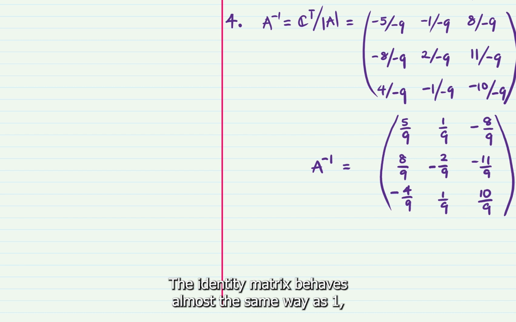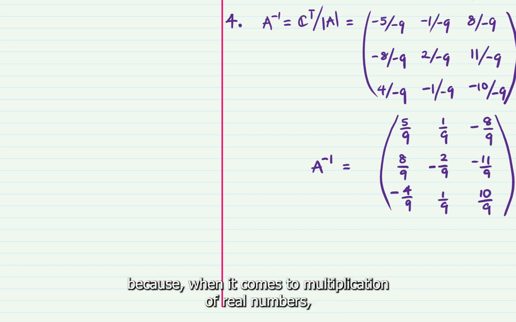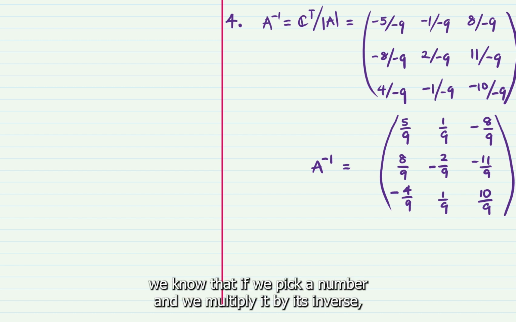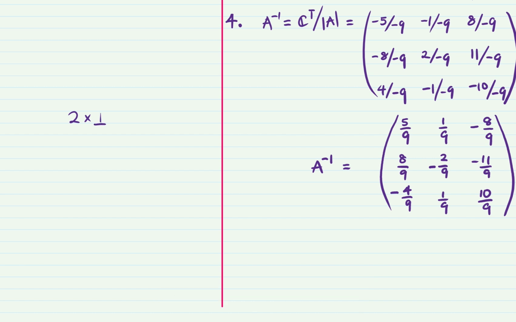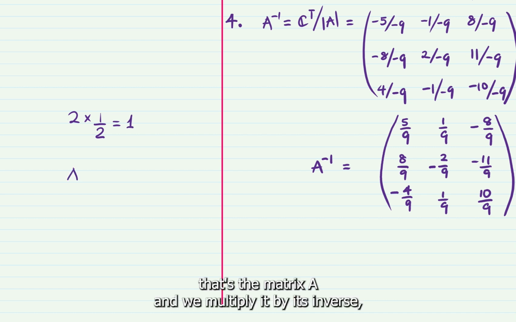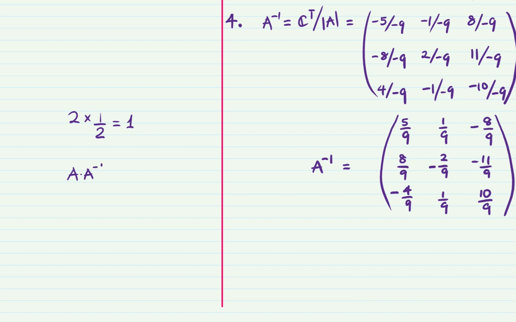The identity matrix behaves almost the same way as 1 behaves when it comes to multiplication of real numbers. We know that if we pick a number and we multiply by its inverse, in this case its multiplicative inverse, what we get is 1. So if we pick A, that's the matrix A, and we multiply it by its inverse, we expect to get the identity matrix.